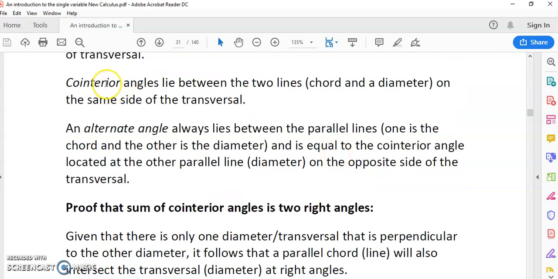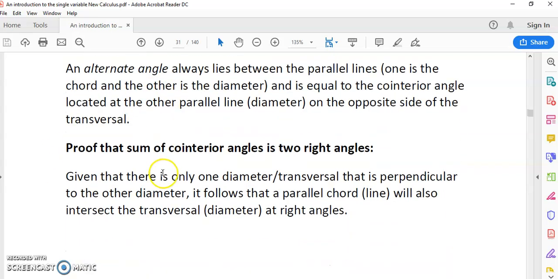Okay, so we define co-interior angles as you see here and alternate angles. You can read this in my free ebook. It's very well defined. And now we've defined parallel lines and right angles, because right angles are just simply those angles formed when the diameters cut each other in such a way that all the arcs are equal. All right, so we're done with that.